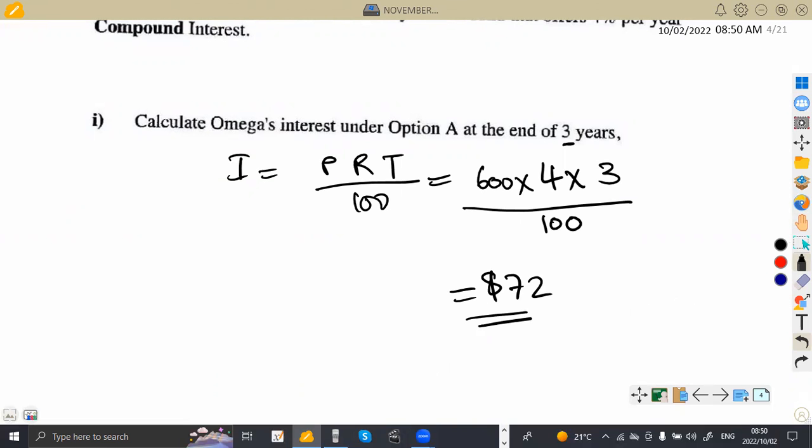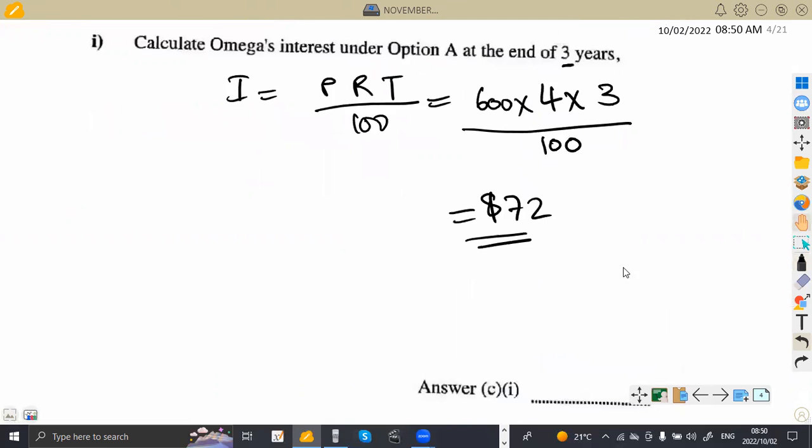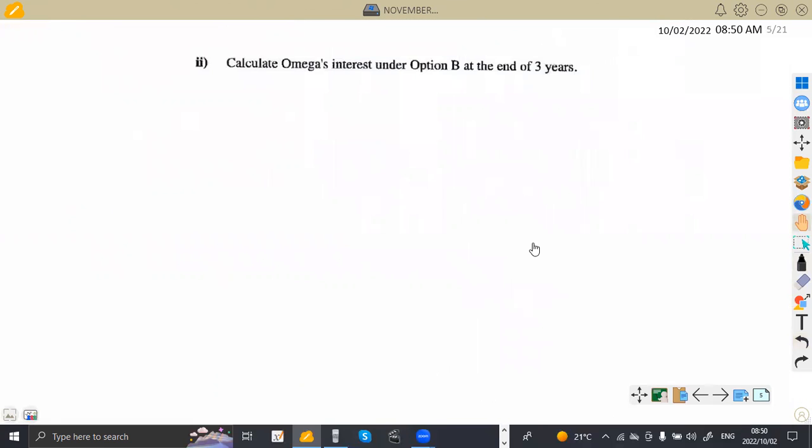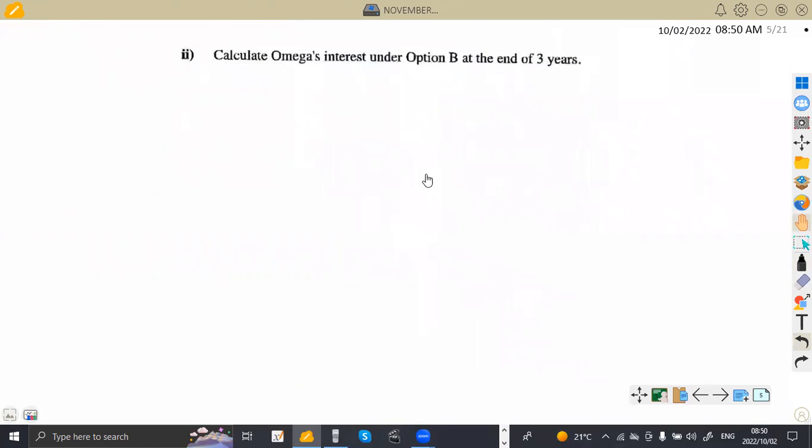Let's see item 2 now from the same information. On item 2, you're asked to calculate the interest on Omega after using option B. Guys, if you cross-check the other videos that I did, I think it was the June 2019 one, I explained this under compound interest.